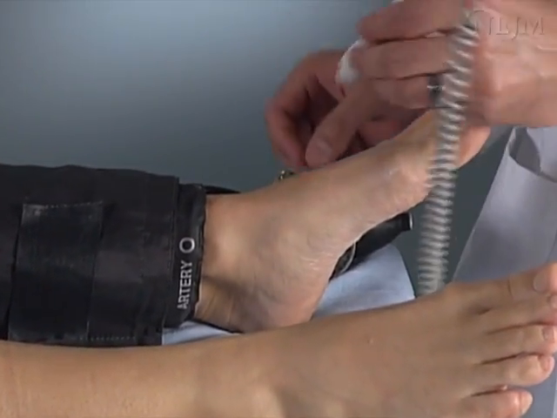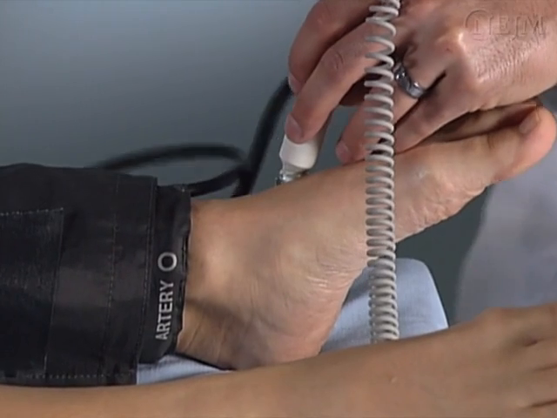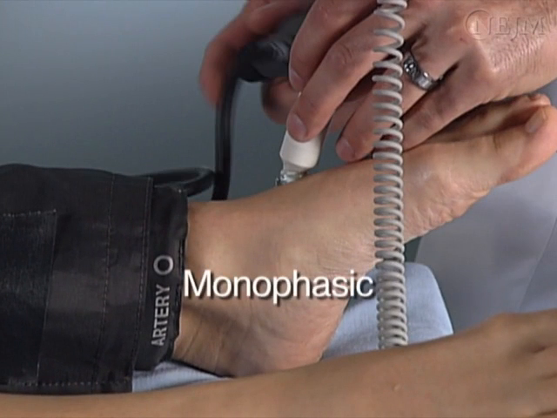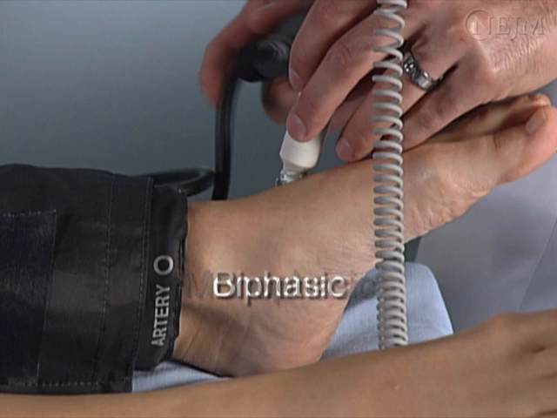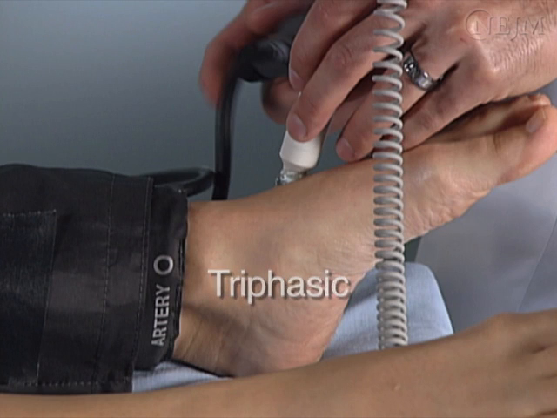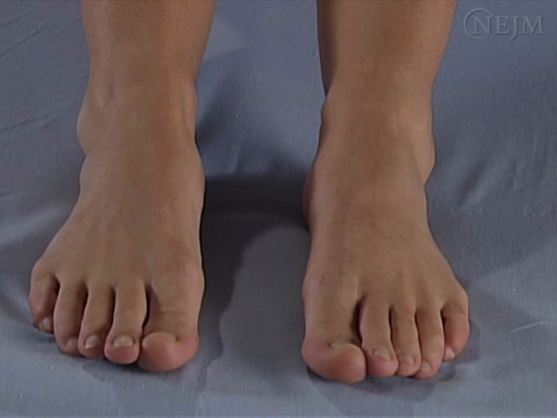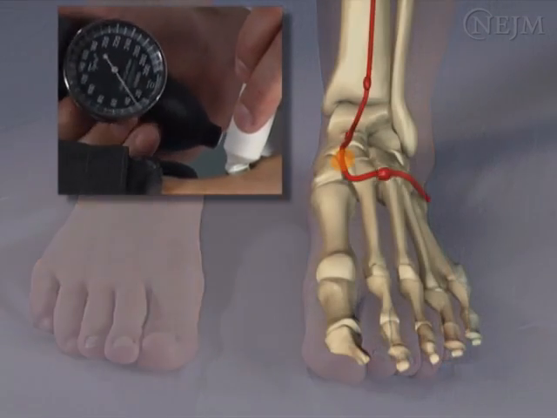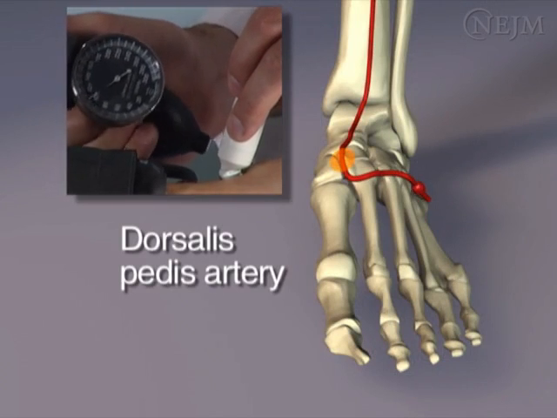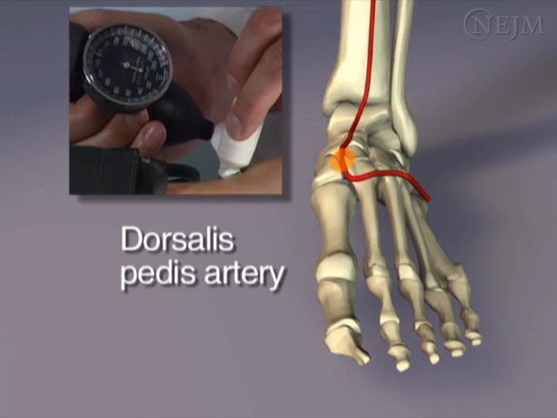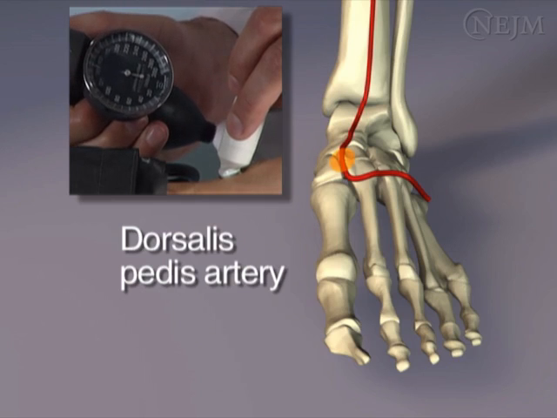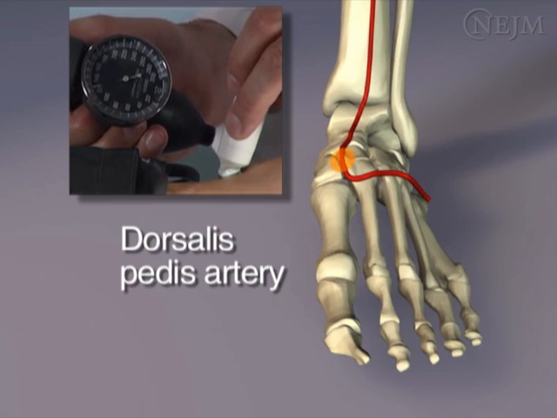You should obtain an arterial Doppler signal, which can be monophasic, biphasic, or triphasic. Apply the Doppler probe to this area and inflate the blood pressure cuff to 20 to 30 millimeters of mercury above the level of flow cessation. Then slowly deflate the cuff until you hear the sound of the systolic pressure and record it.